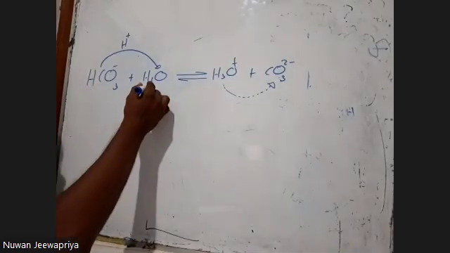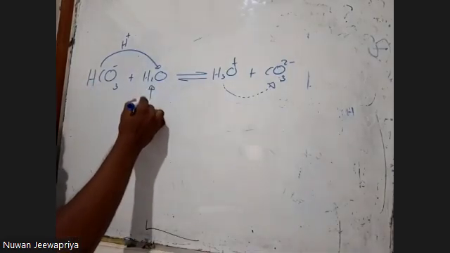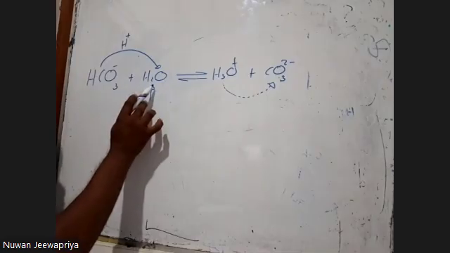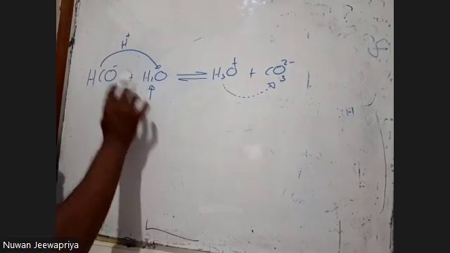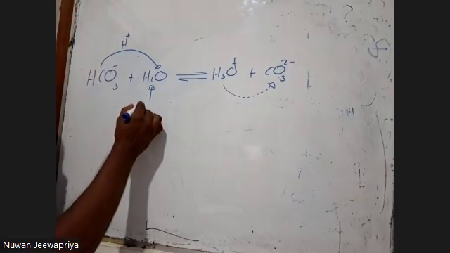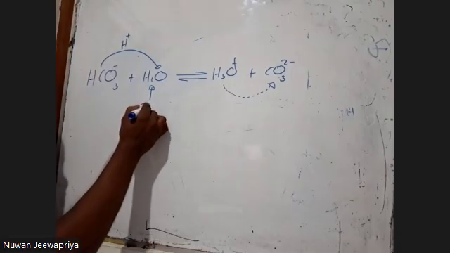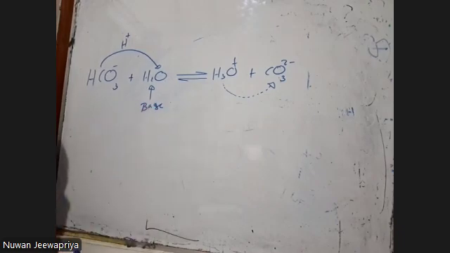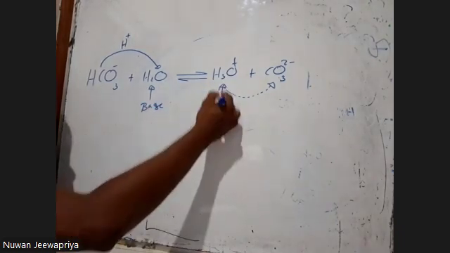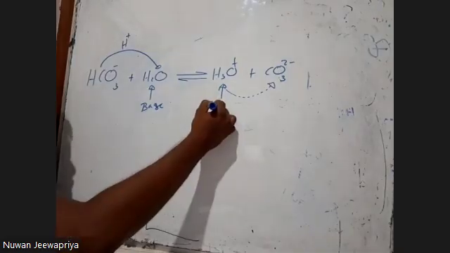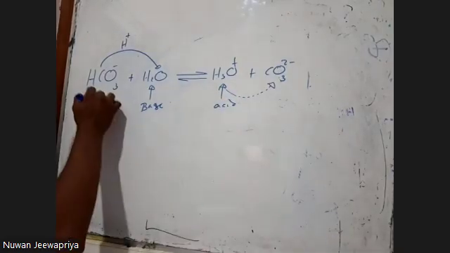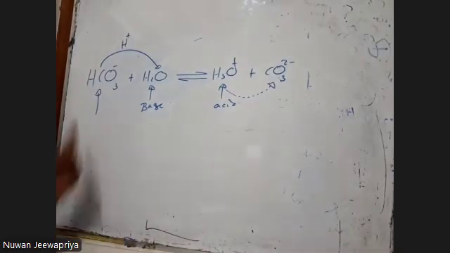Now see this one. Here water acts as a proton acceptor, so it is a base. And H3O plus is the Brønsted-Lowry acid, the donor of H plus.